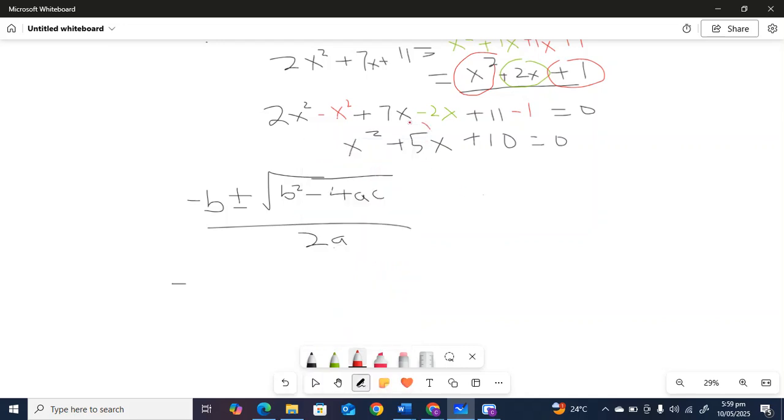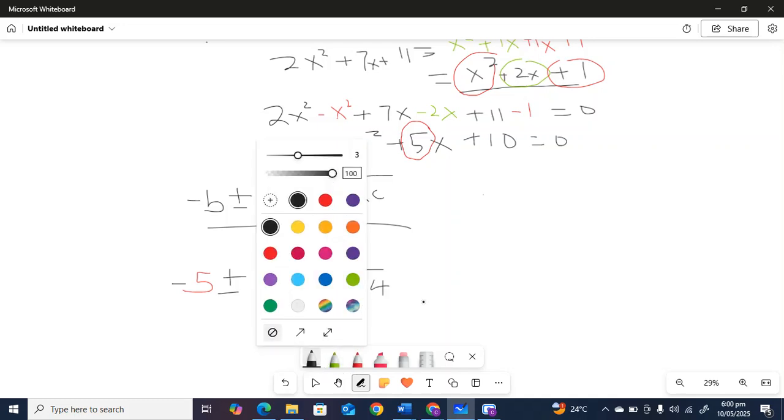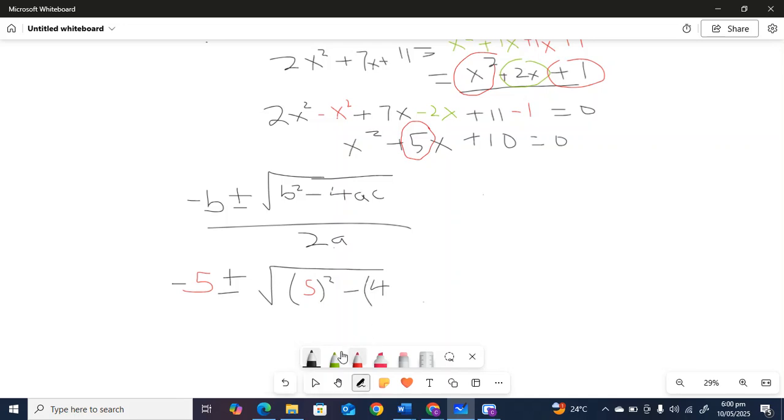B is the coefficient of x. Okay, so minus 5 plus or minus... Oh, B is plus 5, so 5 squared minus 4 times A. A is the coefficient of x squared, which is 1 in this case.